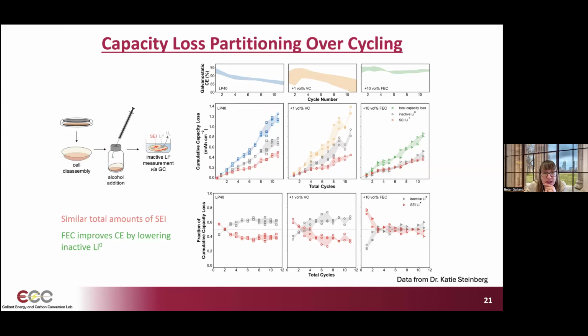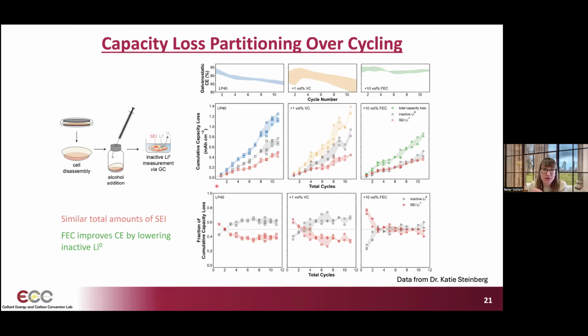Since we're continuing to accumulate material on the current collector due to a finite Coulombic inefficiency, this increases over cycling. Below it, you see the rate of accumulation of dead lithium versus SEI. One thing to note first is that in all three of these cases, the amount of SEI is pretty comparable. So we see similar amounts.